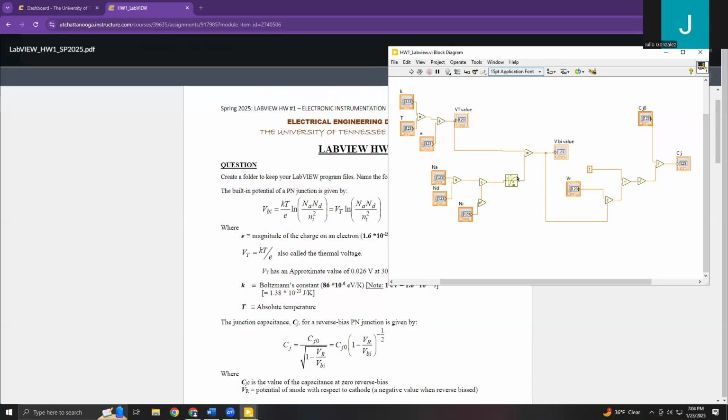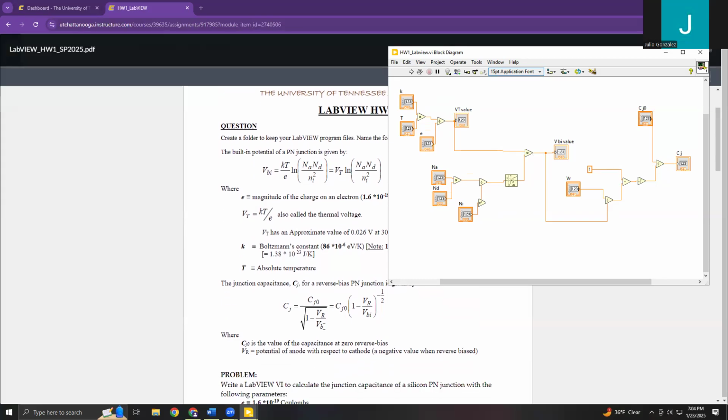Then you multiply that by your LN. After that, you multiply this VT value by that value, and that's how you achieve your VBI value.